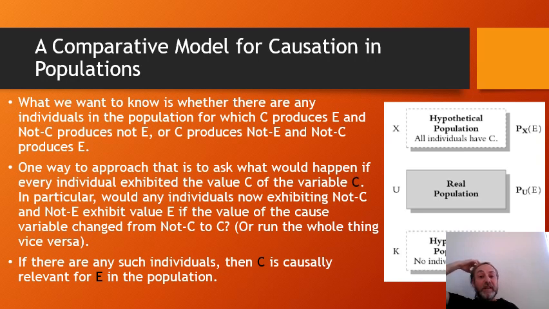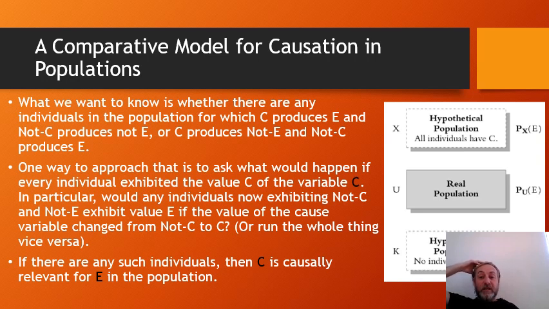So what we want to know is whether there are any individuals in the population for which C produces E. That would be sufficient for causal relevance in a population if only one individual has that relationship between the cause and the effect. So one way to think about that is to ask, what would happen if every individual in the population exhibited the value C of the variable?